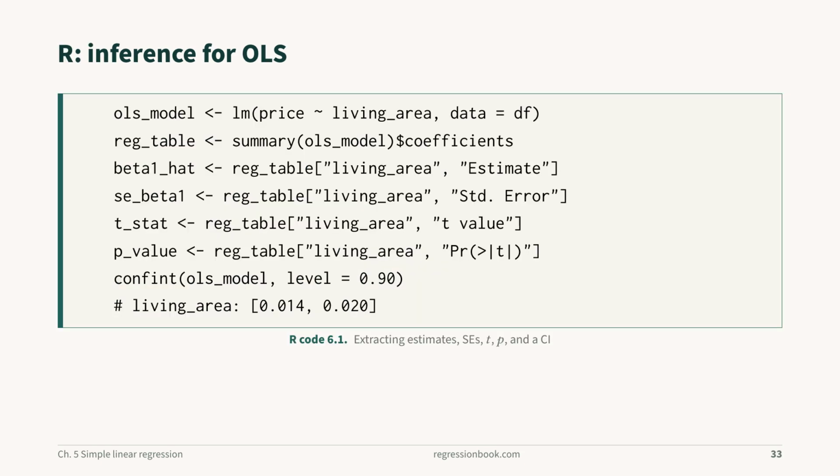In R, the entire inferential toolkit sits in the summary of the fitted model. The coefficient table holds estimate, standard error, t-value, and p-value, each extractable by name, and the confidence interval function delivers any level directly. Here, the 90% interval from 0.014 to 0.020.